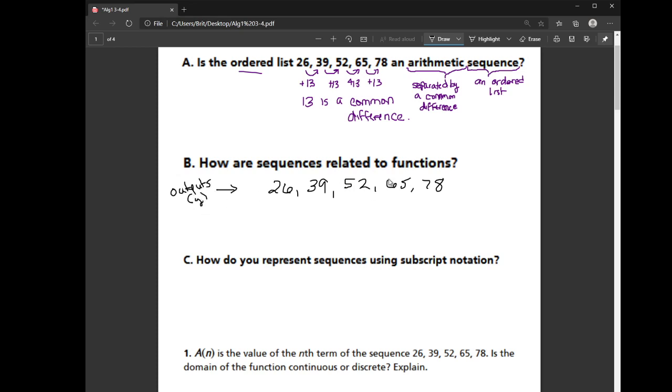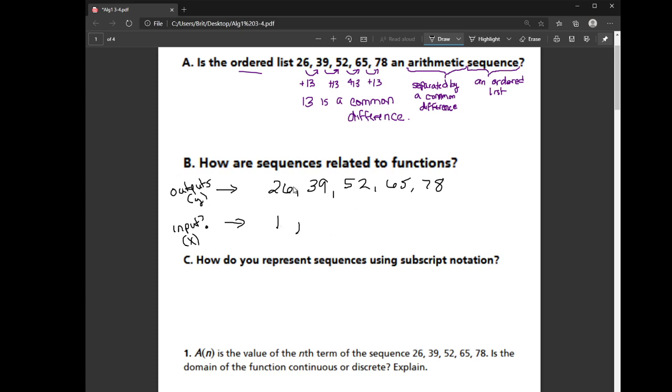So what is my input then? You might be wondering. Remember, the input is the x value. Our input is the position in the line. This 26 is in the first position in the line, so my input, my x, is 1.